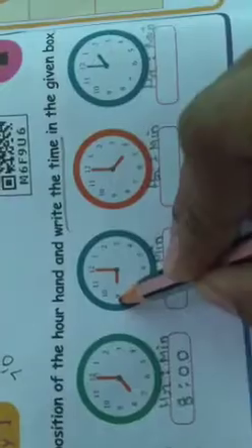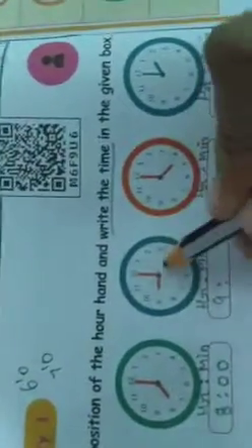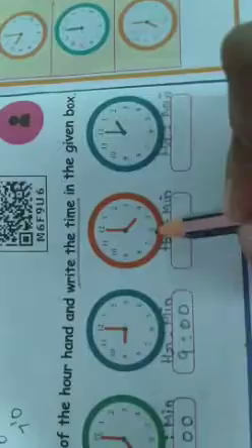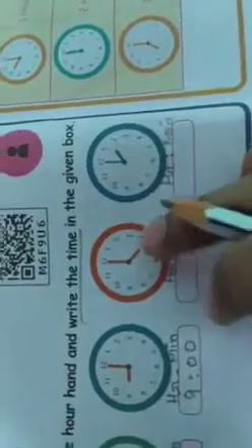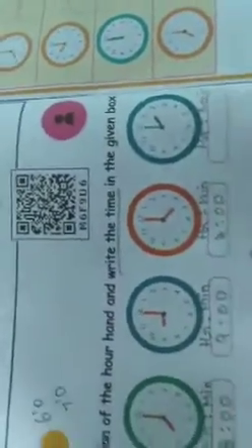Hour means short hand. The short hand represents 9. So 9 colon minute. Longer hand represents 12. So 0, 0. Same like all the ones. Okay, ma? This is what, ma? Say the correct time. Very good. 4 o'clock. So 4 colon 0, 0.